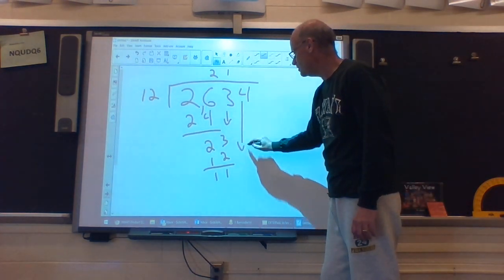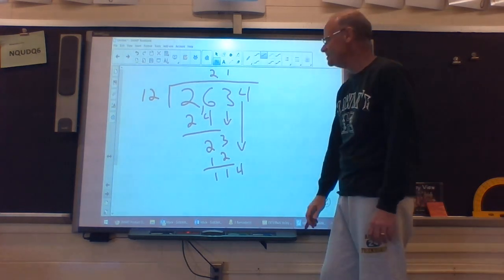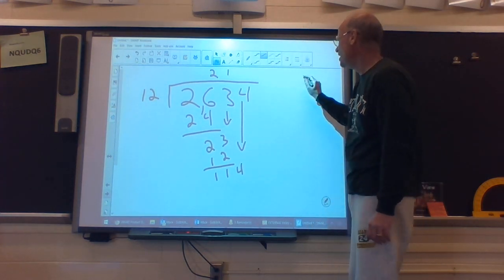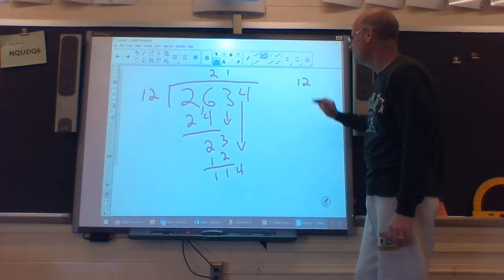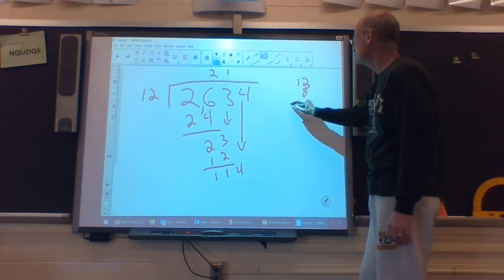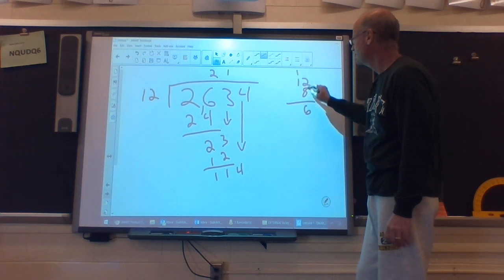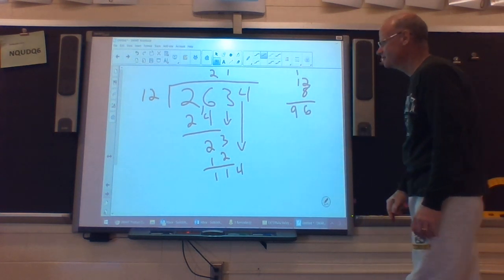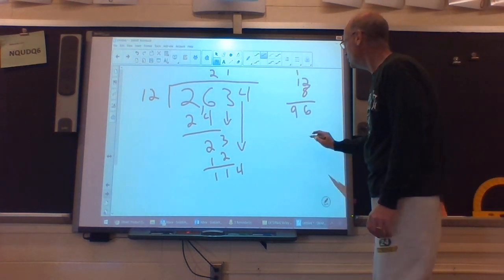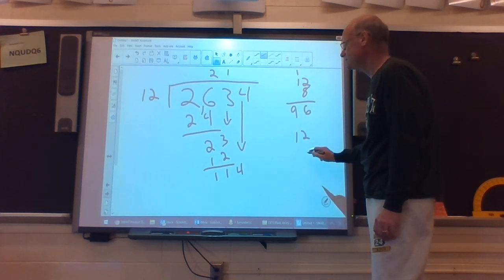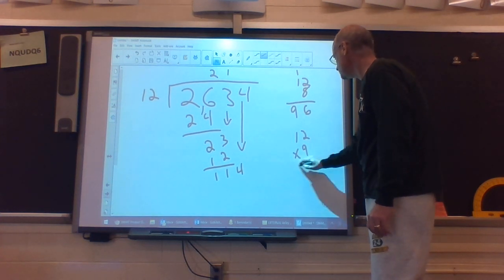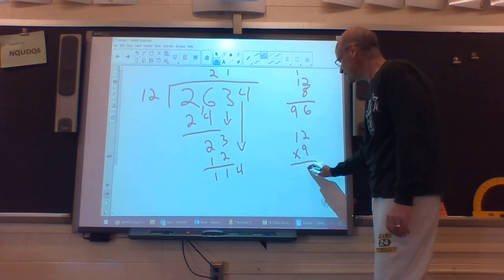I can bring down my 4. How many 12s in 14? Now I'm going to use the side of my paper a little bit. 12 times 8. 8 times 2 is 16. That's 96. I know I can get more, so let's do 12 times 9. 2 times 9 is 18.